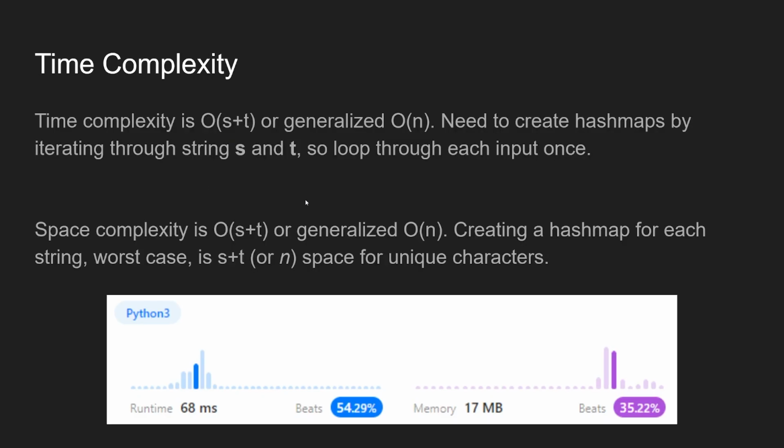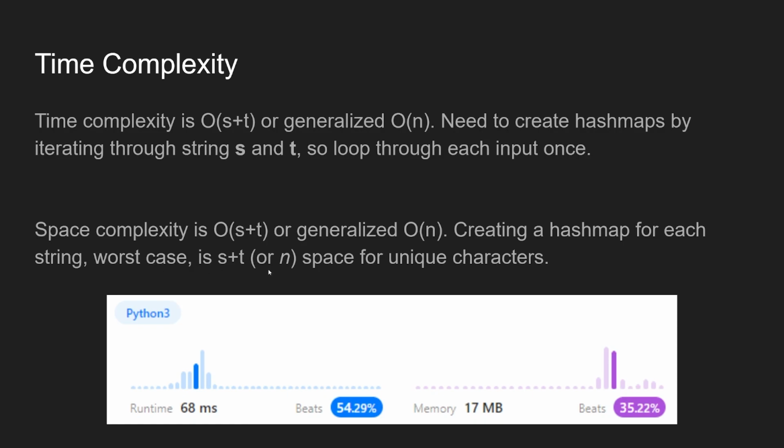And I'm going to talk a little bit about the time complexity. So the time complexity can be generalized to O(n), just because we only need to iterate through the strings once. If you want to be more specific, it depends on the length of the strings S and T, so it would just be S plus T. And space complexity is also generalized O(n), because we are creating a hash map for each string.